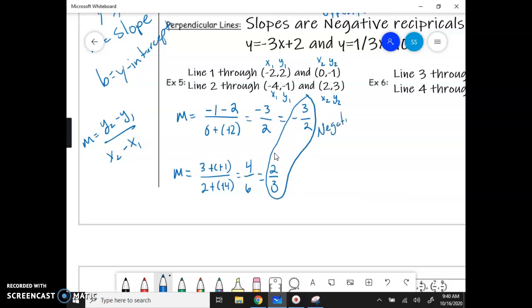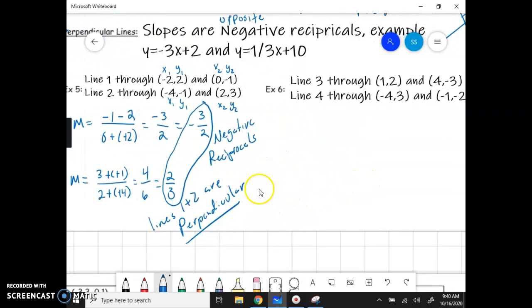So lines 1 and 2 are perpendicular. All right, let's do the next one.